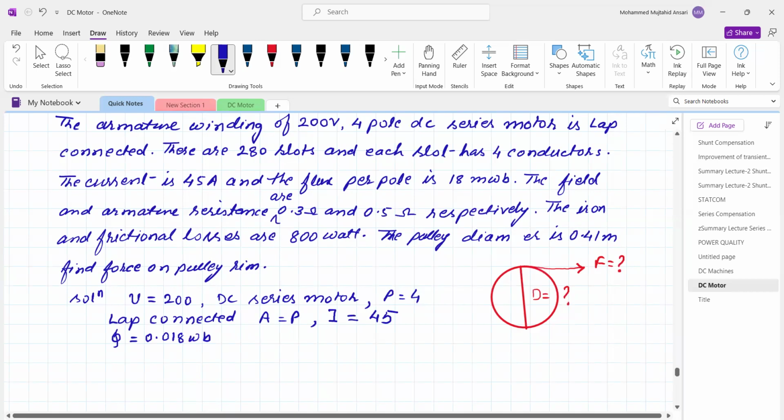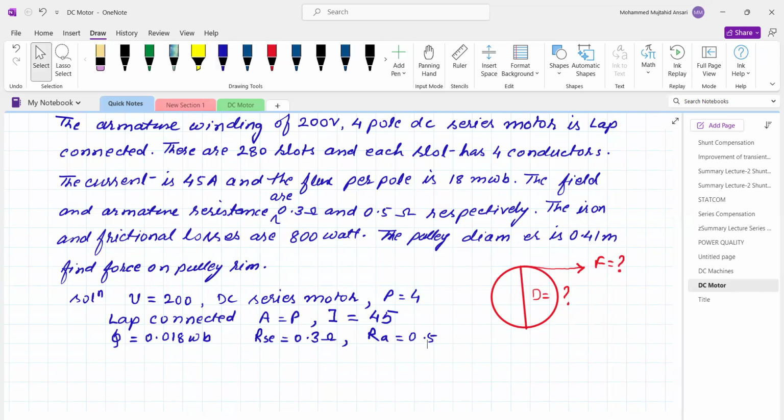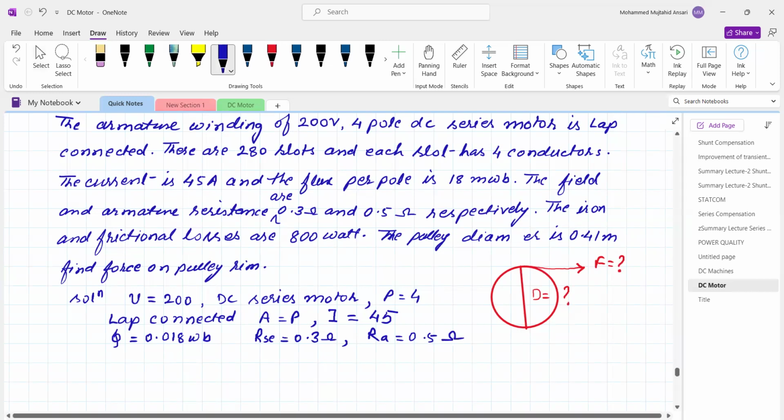And the armature resistance and series field resistance. The series field resistance is 0.3, and the armature resistance RA is equal to 0.5. This is the resistance of the armature.